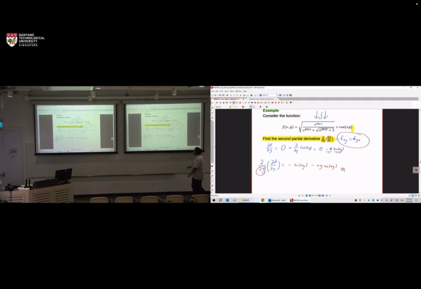After that, I do the partial derivative with respect to x outside. This one, of course, is product rule. You do product rule and you will get the two terms there. I will not go through too much, I leave it to you to practice.